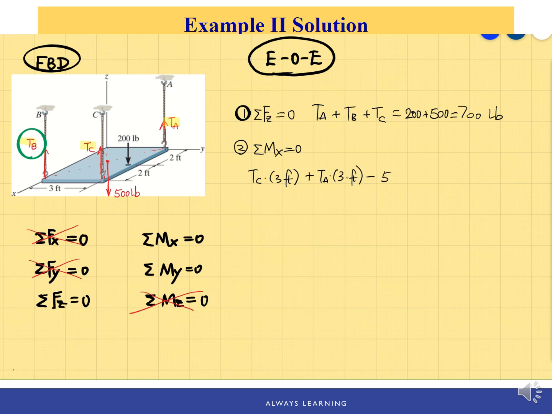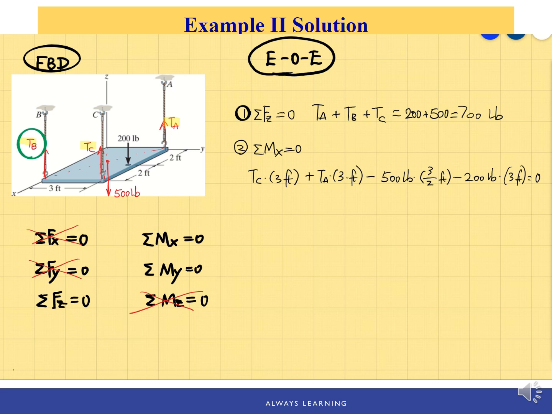Let's do the 500-pound force first. 500 pounds, and the distance is half of the width, which is 3/2, 1.5 feet. And the 200-pound force is applied to the edge of the plate, so it's 3 feet. And those are all the forces that cause moment about the x-axis, and it should be equal to 0.